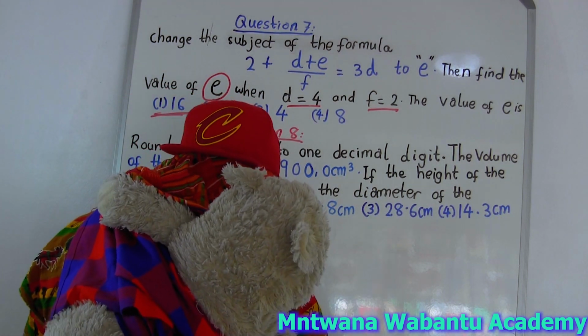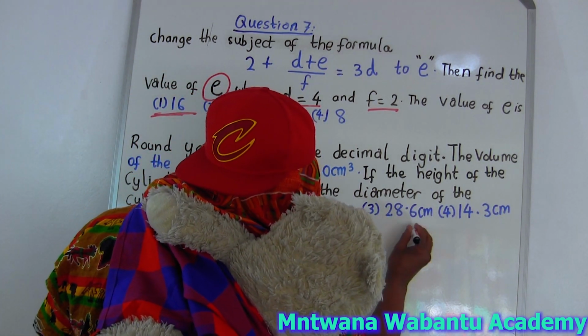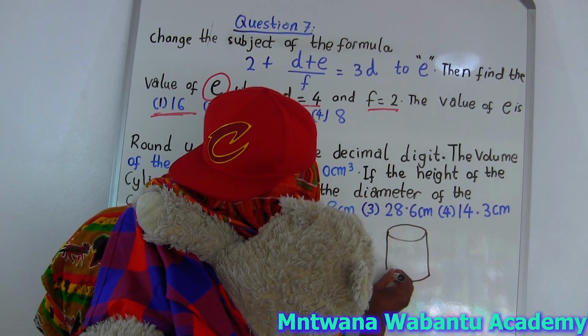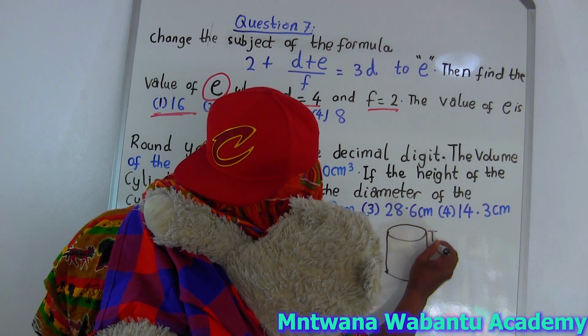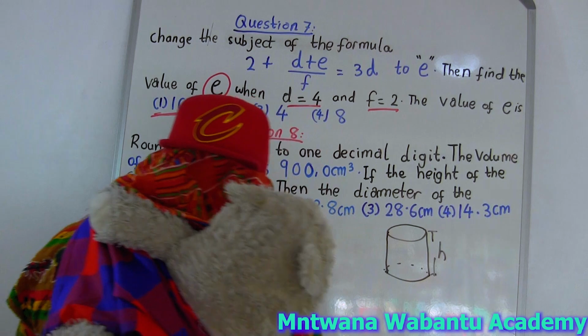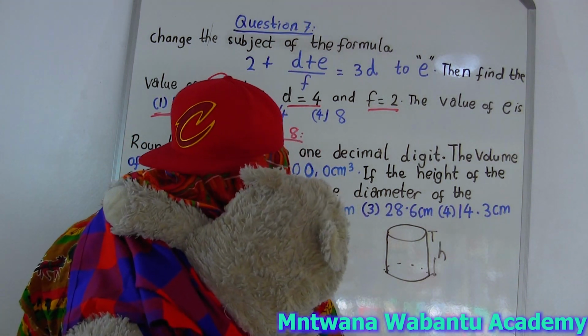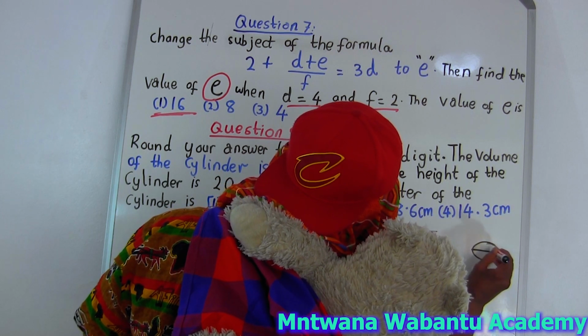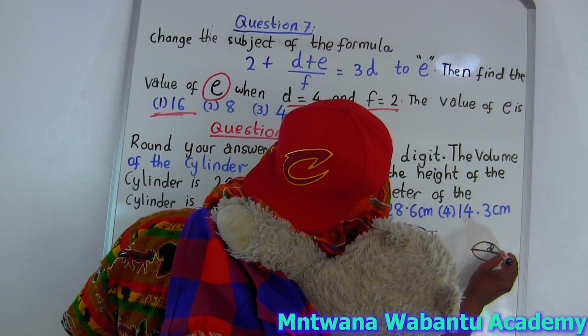This is how the cylinder looks. It's like this. You know, this is a cylinder here. The cylinder always has a height. And the circle, the whole length from one side to the other is the diameter.